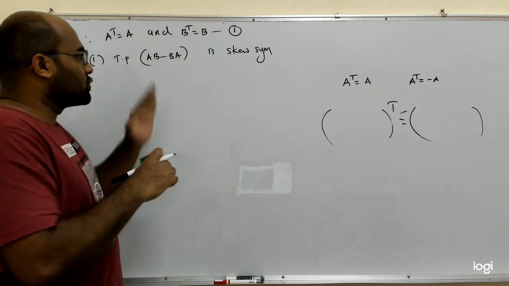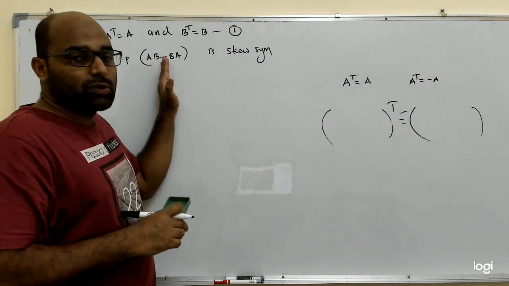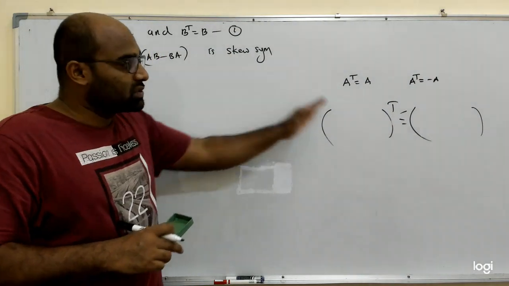So we want to show that the transpose of AB minus BA gives the negative of this one.